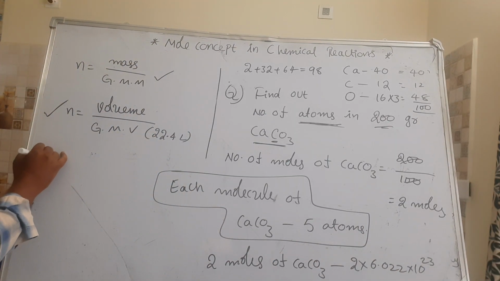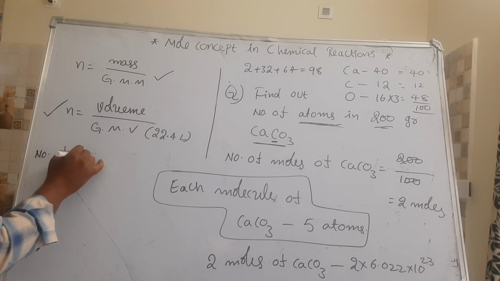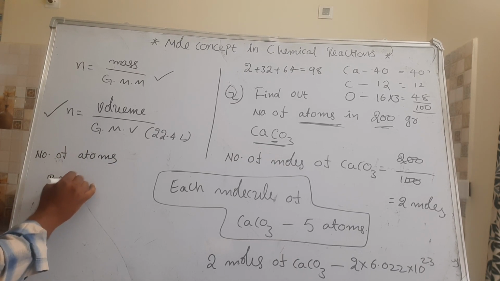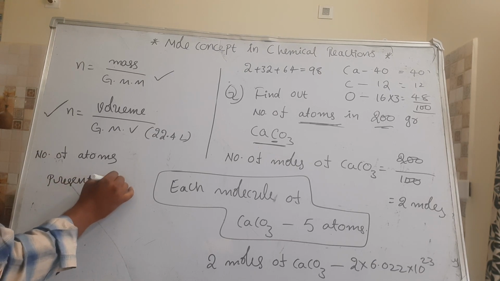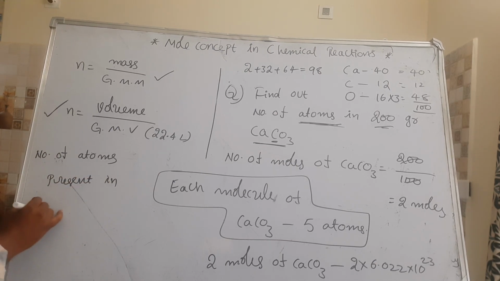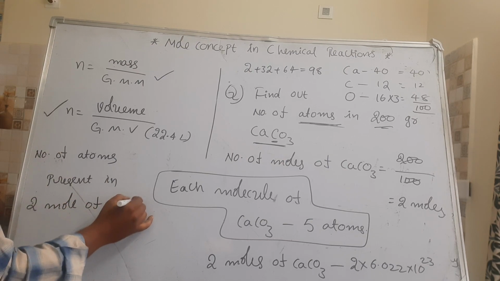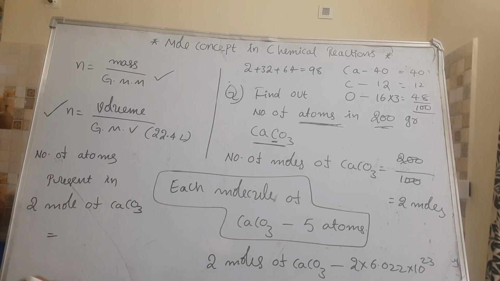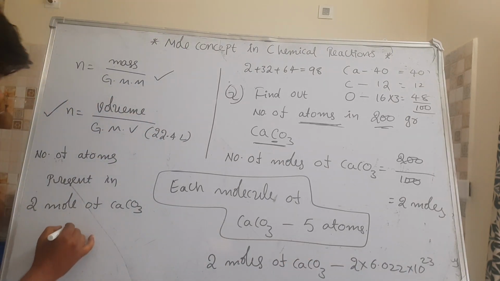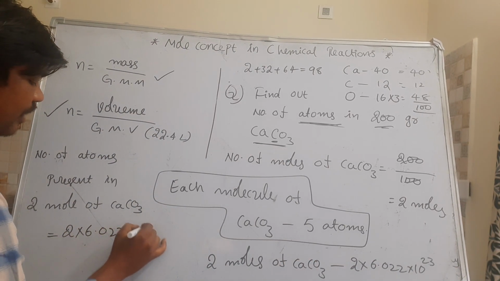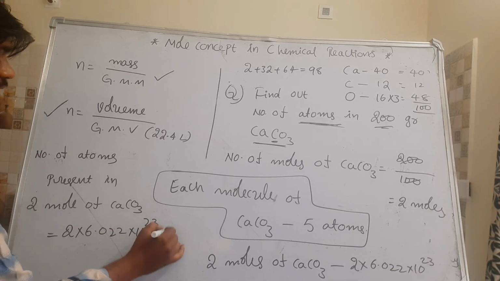Now, the number of atoms present in 2 moles of CaCO3 is equal to, these are the number of molecules, 2 into 6.022 into 10 to the power of 23, and each molecule has 5 atoms.